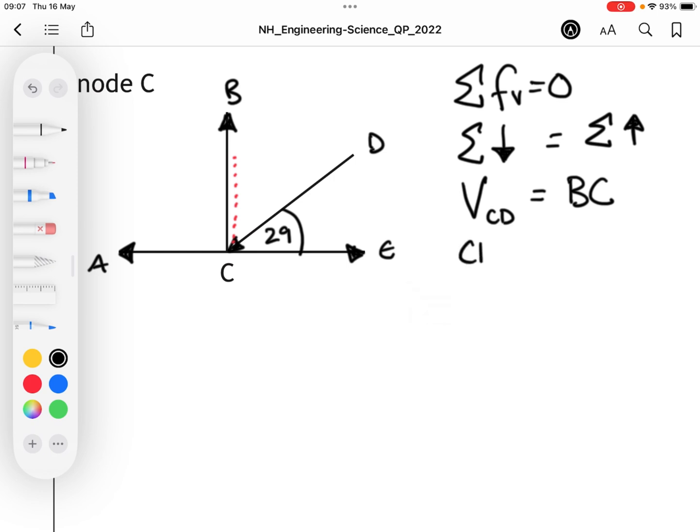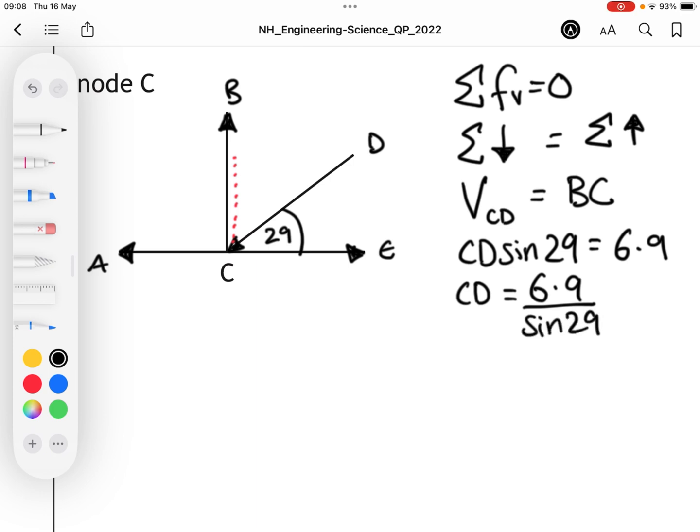So that is going to be CD sine 29 is equal to all of BC, which we worked out at 6.9. So CD is equal to 6.9 divided by sine 29. And that gives us 14.23, so we can say that CD is 14 kilonewtons, and we've assumed correctly that that's a strut.